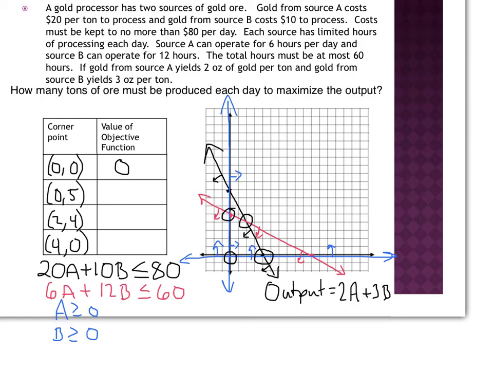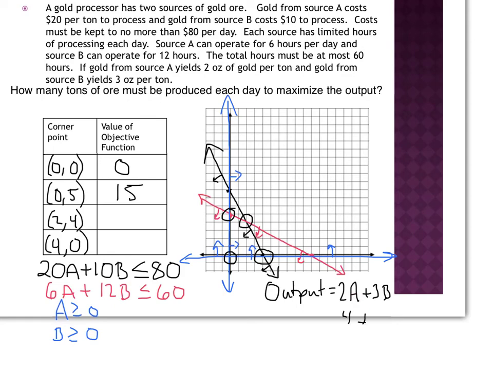I don't know. All right, if I plug in 0, 5, so if I plug in 0 for A and 5 for B, well, that's 0, and then we have 3 times 5 is 15. So it'll be 15 ounces of gold. Then if I have 2, 4, if I plug in 2 for A, that is 4.